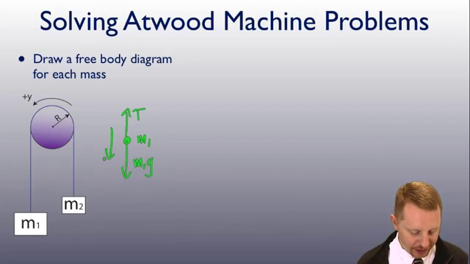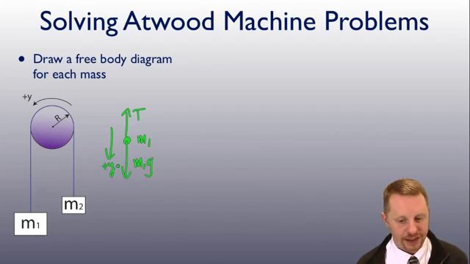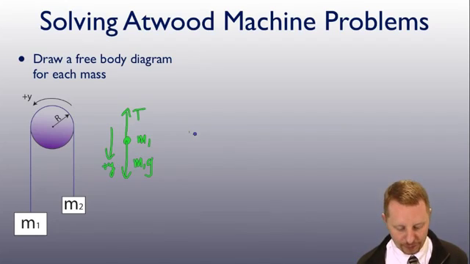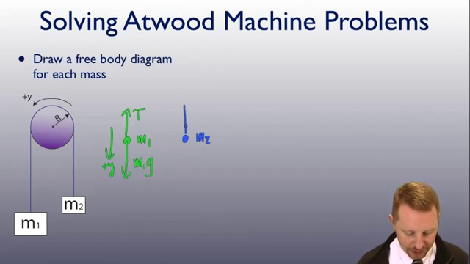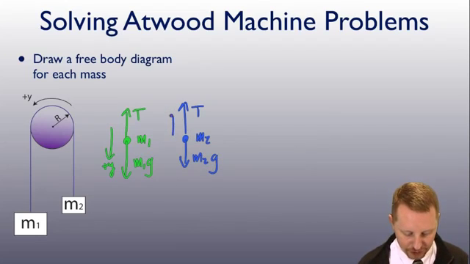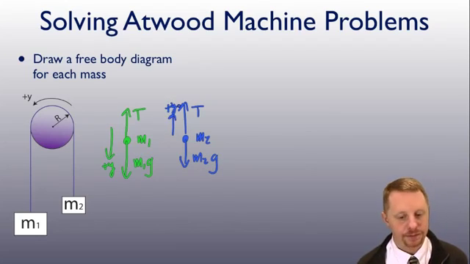And note, in this case, on the left-hand side, plus y is down. On the other hand, if I do a free body diagram for mass 2, I have mass 2 here. Now I have tension pointing up again for mass 2 and m2g down. But in this case, we're calling up the positive y direction.